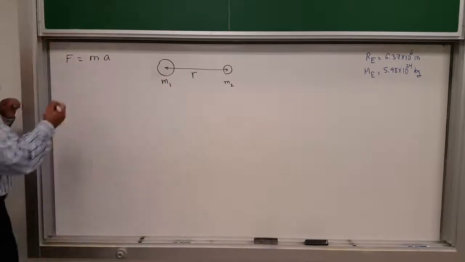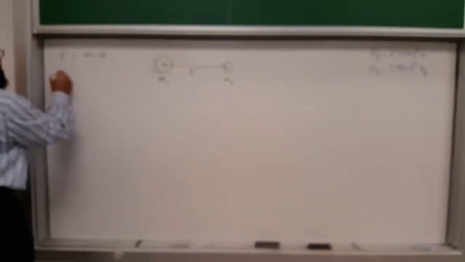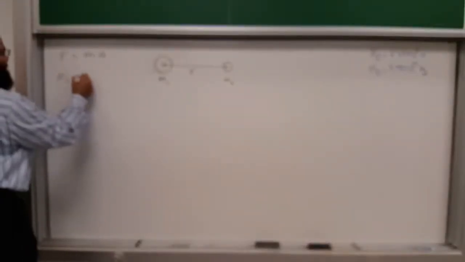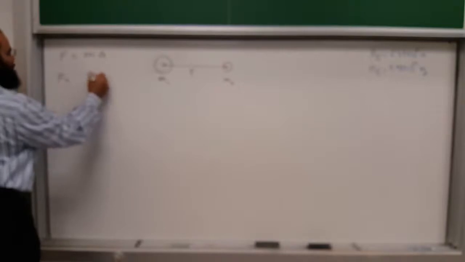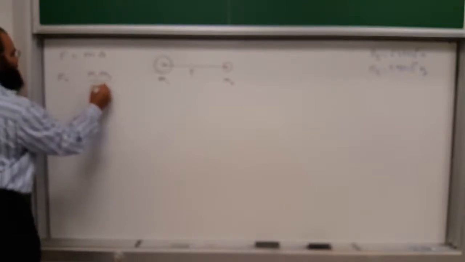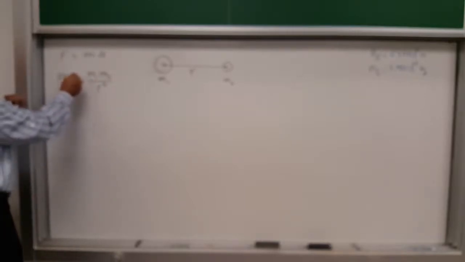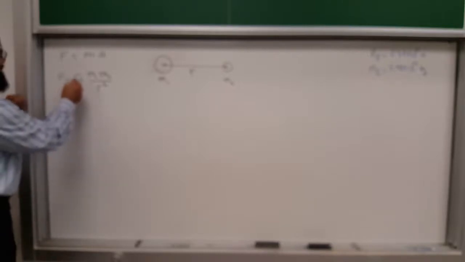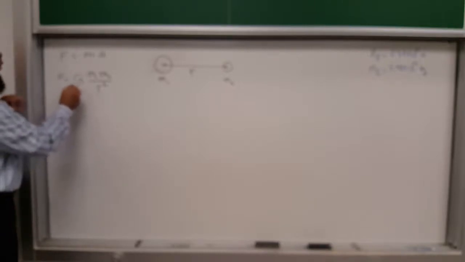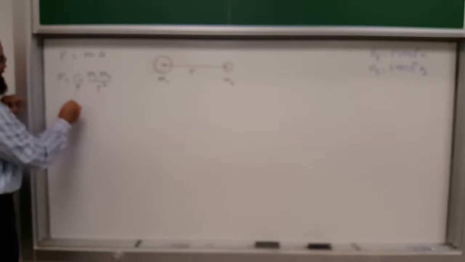Newton says that the force between them is equal to the product of the two masses, the first mass times the second mass, divided by the distance between them squared. And then to make the units correct, there is a universal constant here, this capital G. And G is 6.67 approximately. If you want to be more accurate, you can look it up.